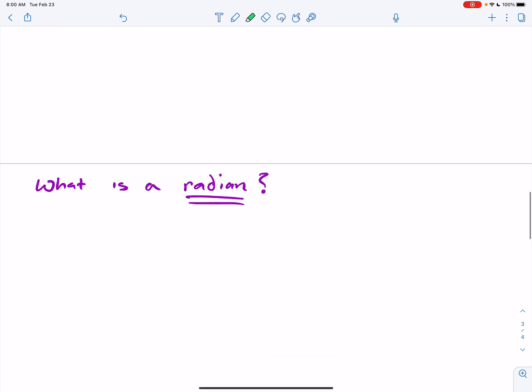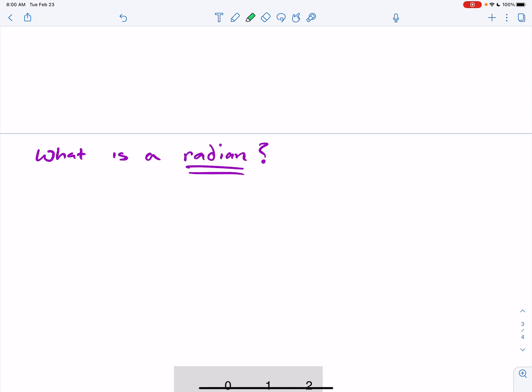First, we have to understand what a radian is. So I want you to pause here and really think about this: what comes to mind when you see the word radian? Press play when you're ready. Okay, a radian sounds a lot like radius.